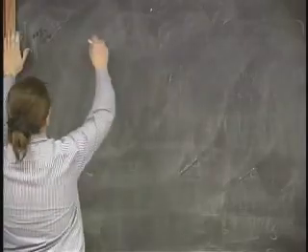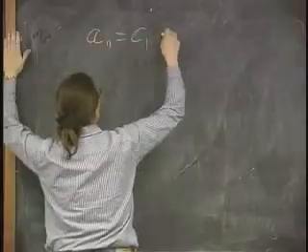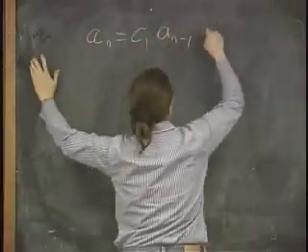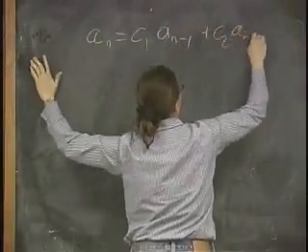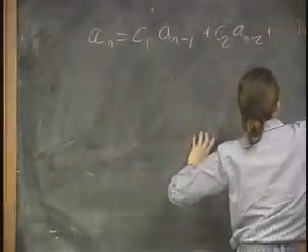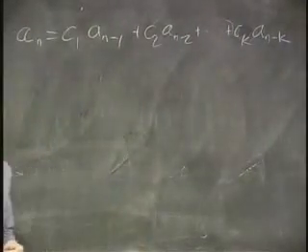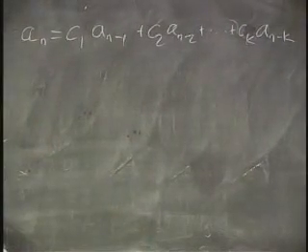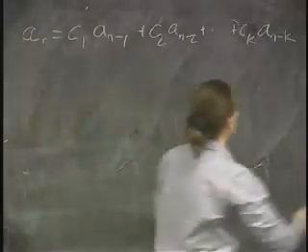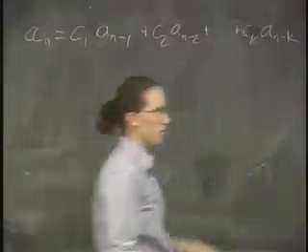Okay, so what's going on with these? These recurrence equations look like this: a_n is c1 times a_(n-1) plus c2 times a_(n-2), all the way down to c_k a_(n-k). And that part's okay. This we know how to solve mostly from the linear homogeneous stuff. And then we add on some function of n.